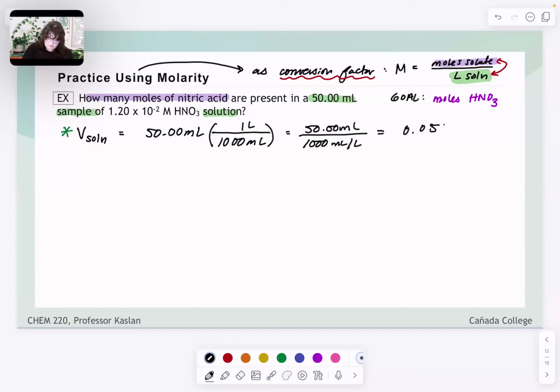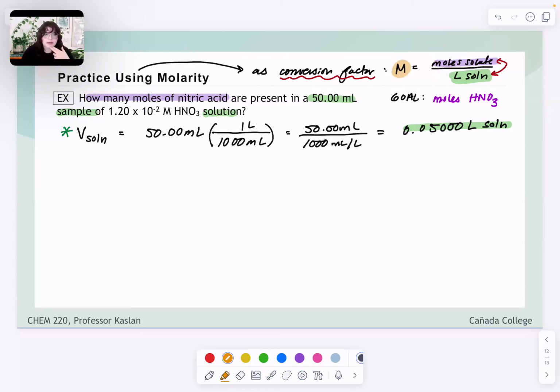So 0.05000, keeping all my sig figs, liters of solution. So I've got my volume of solution. So again, what's my goal? I want moles of my nitric acid. So if I'm going to get these moles, I need information about my solution volume, which I for sure have. And then I also need to find information about my molarity, the concentration.